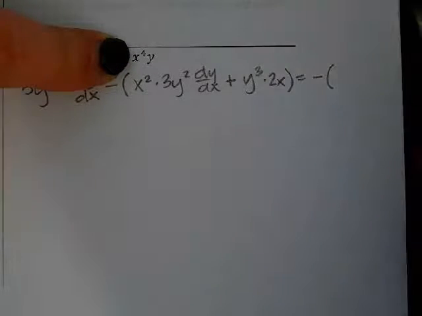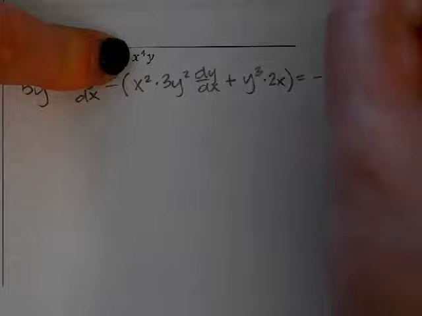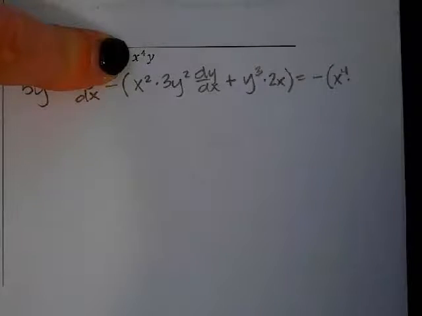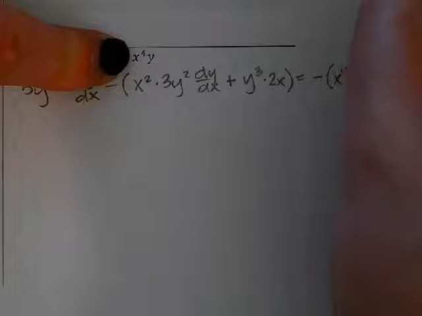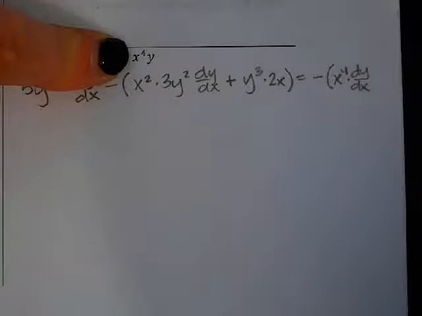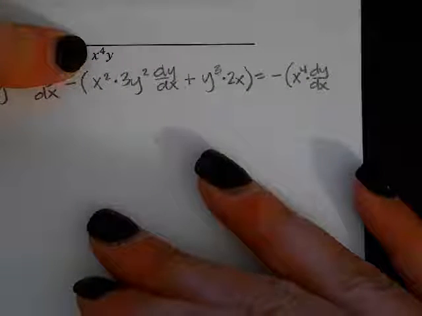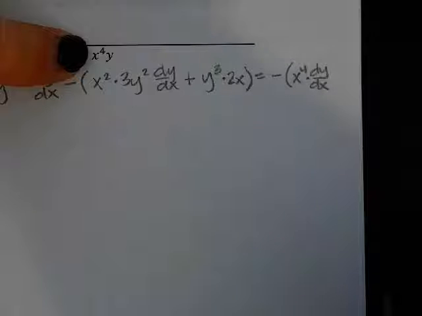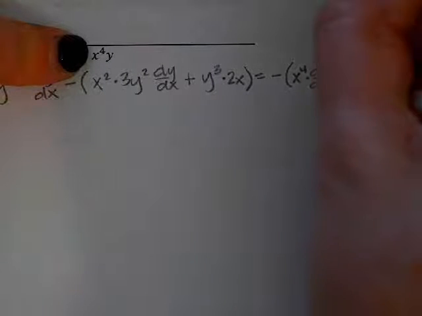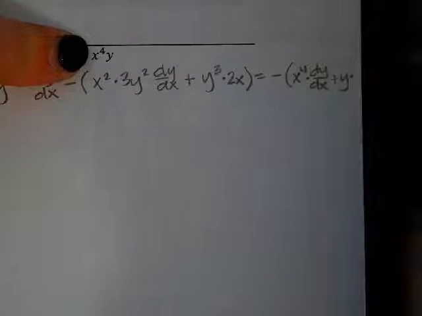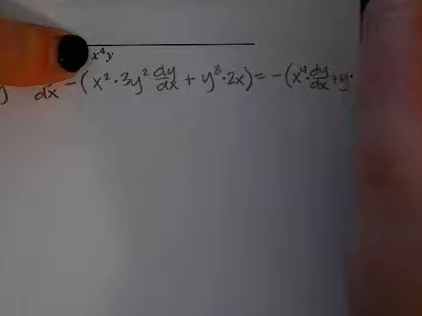Okay, so what do I do now? 1 dy dx. Okay. And then plus y times 4x to the 3rd.